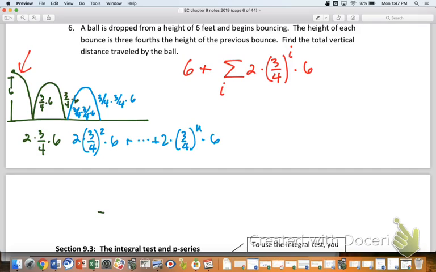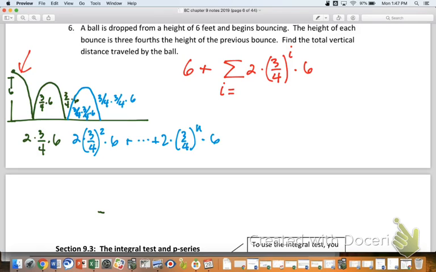And I want I to go from something to... How many times is this thing going to bounce? Theoretically. Say again? And how many bounces would that take if it's 3/4 of the previous one every time? It would be infinity, right?